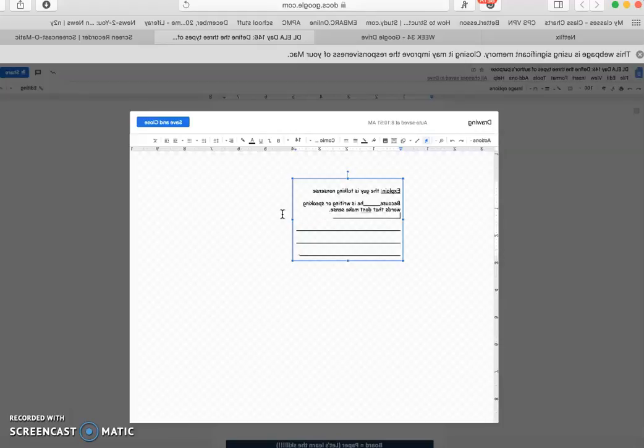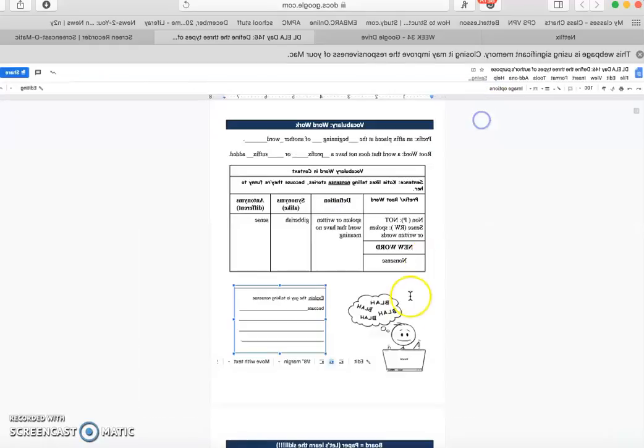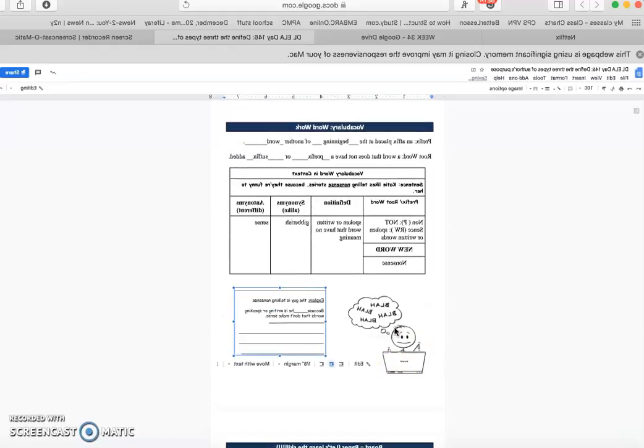So he is writing nonsense, or he is speaking nonsense. It doesn't make any sense. Now, our sentence for today is Katie likes telling nonsense stories because they're funny to her.